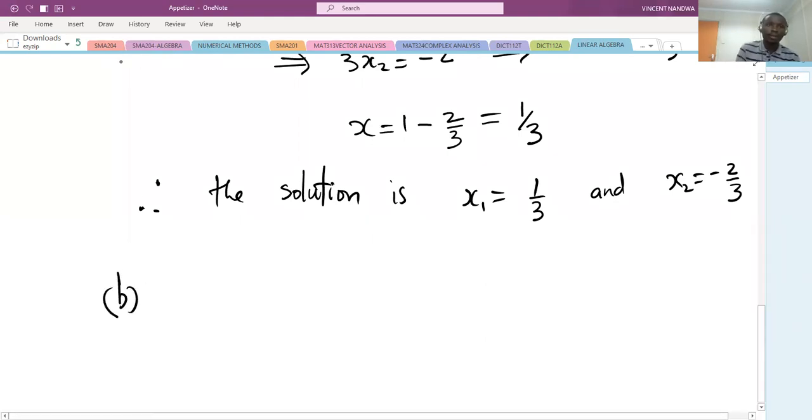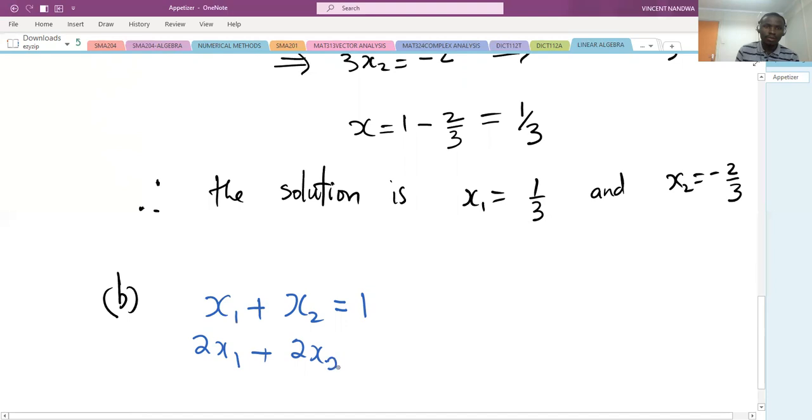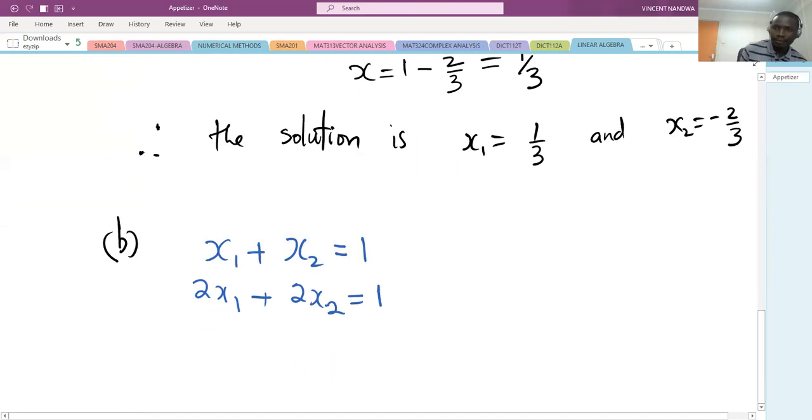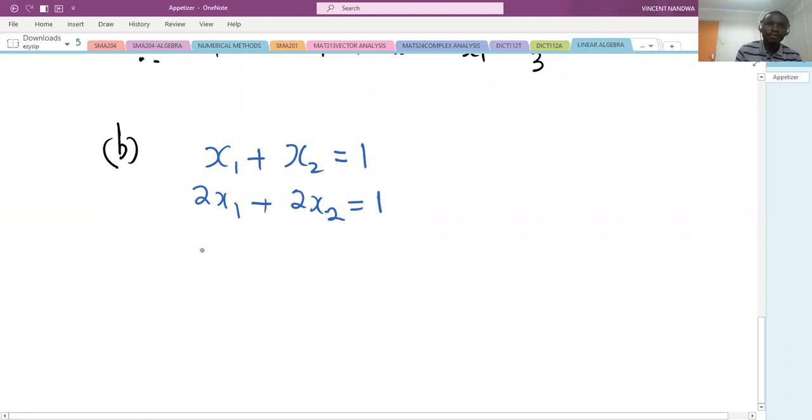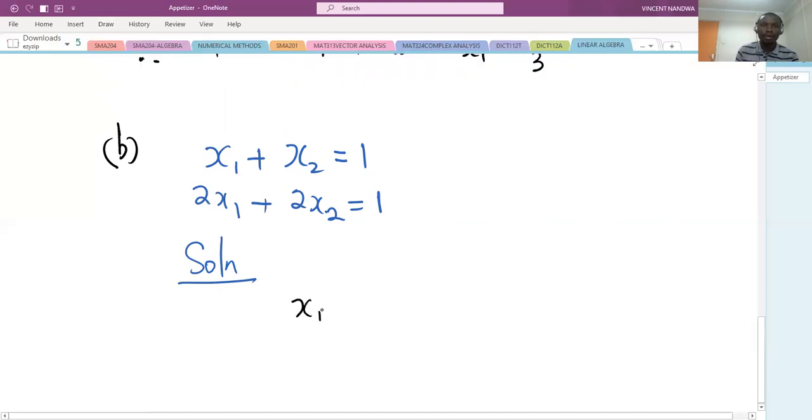The second set of appetizer simultaneous equations are x1 plus x2 equals 1 and 2x1 plus 2x2 equals 1. Using the same method, substitution, from equation 1 I have x1 equals 1 minus x2.